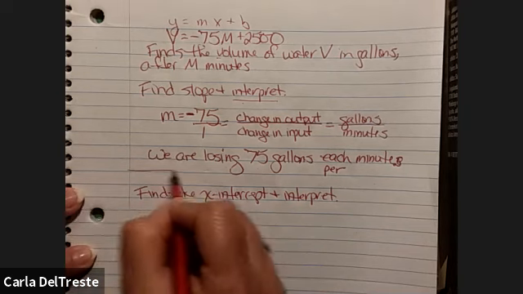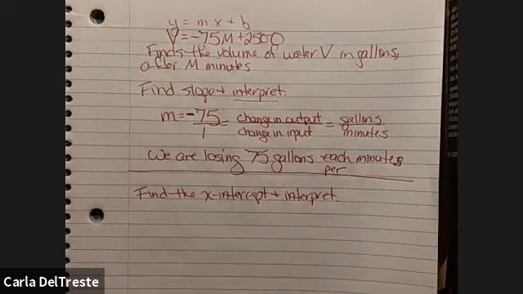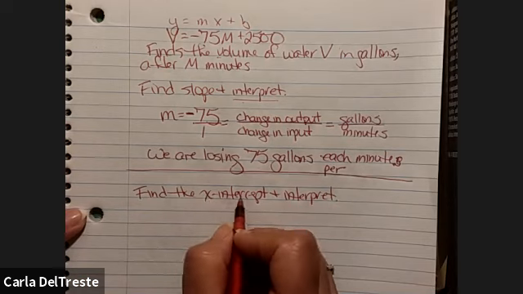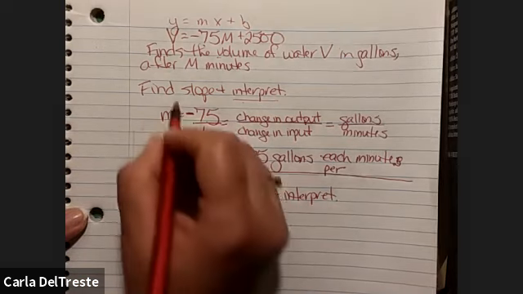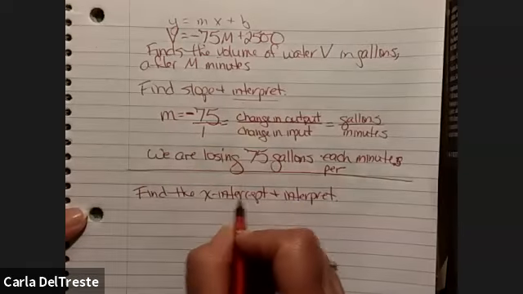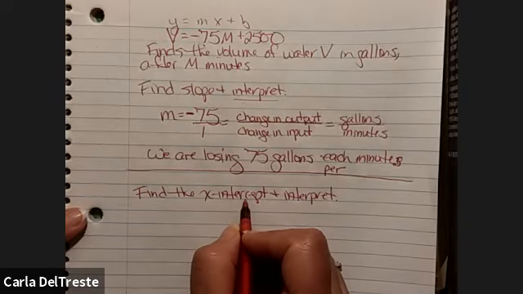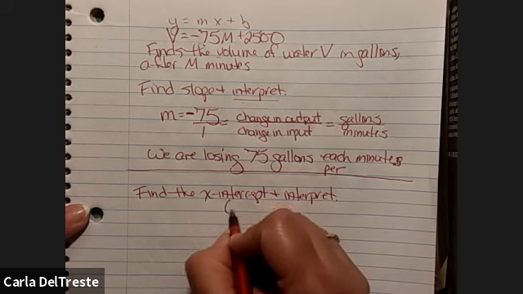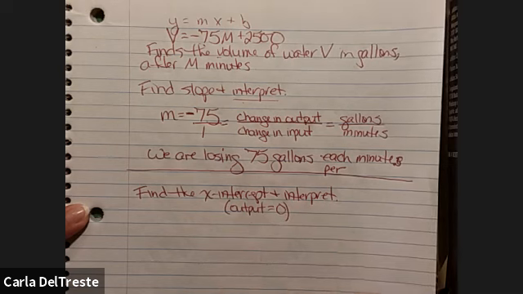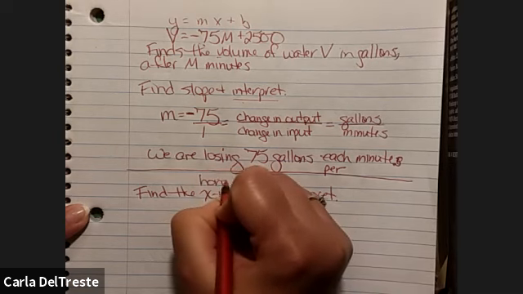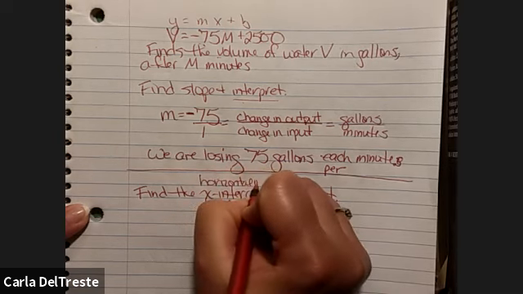We know that x-intercept is really the horizontal intercept. Because we don't have x's and y's here, remember, the horizontal intercept occurs when the output is 0. So this means the output equals 0, because I'm looking for the horizontal intercept.